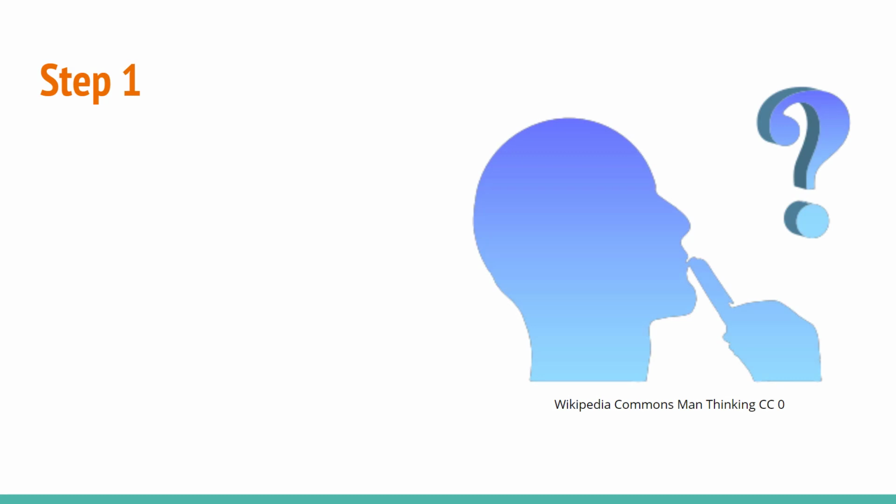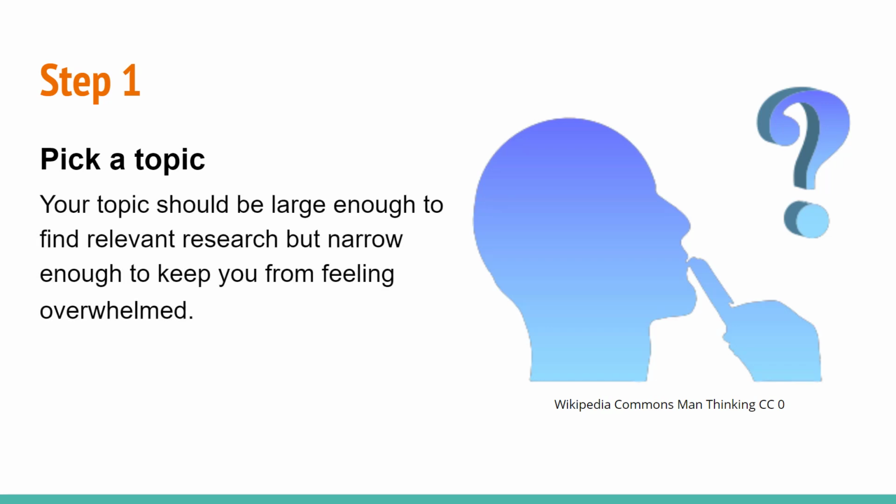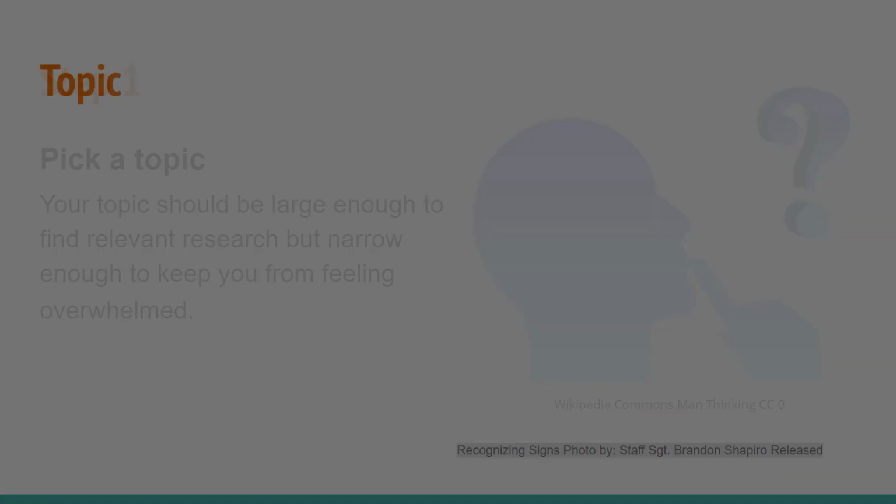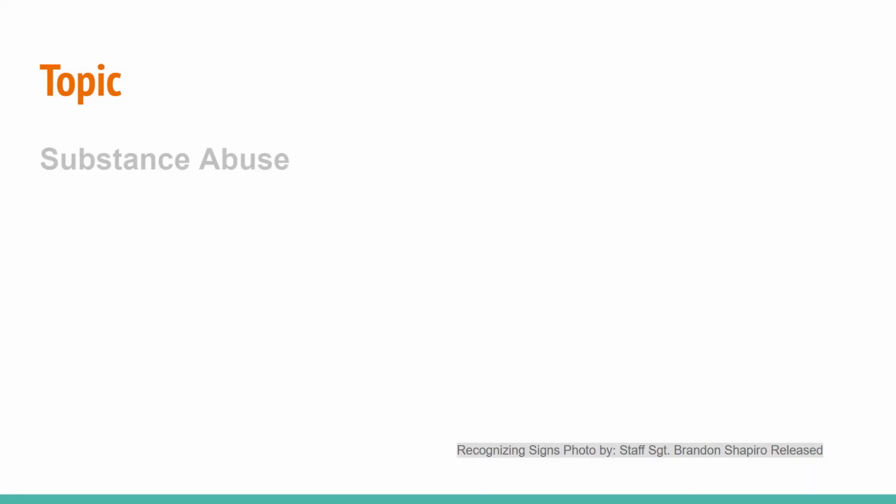Our first step in writing a literature review or research paper is to pick a topic. Your topic should be large enough to find relevant research, but narrow enough to keep you from feeling overwhelmed. For example, a topic like substance abuse is too broad. It's way too big.